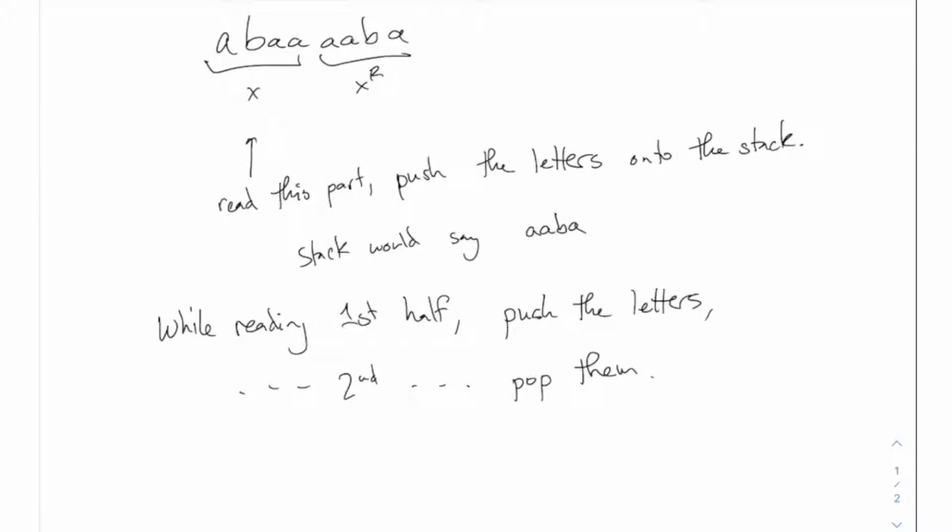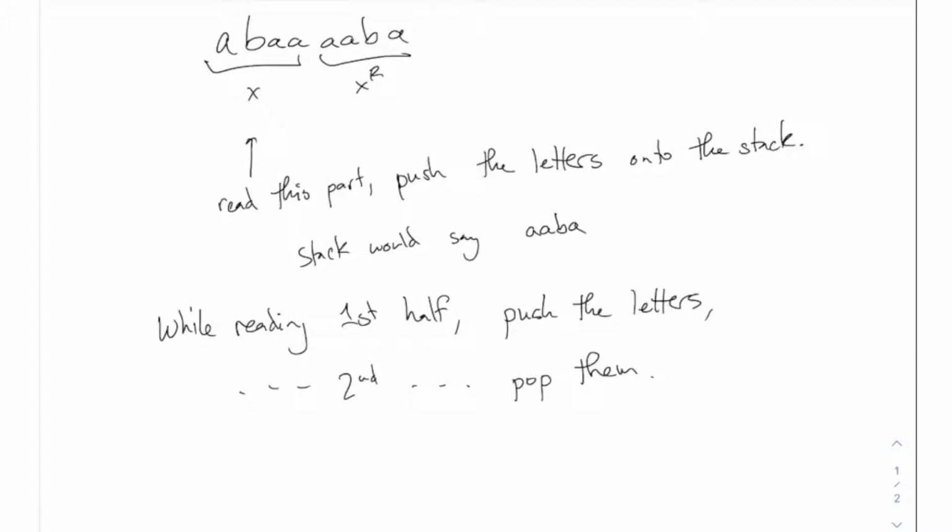One thing you have to think about a little bit is how do you tell while the stack machine is going? You need to have some marker that designates the difference between these two behaviors, right? While you're reading the first half, you behave in a certain way, and then at some point you switch over to behaving in this other way, the second half. And you don't want to go back to the first type of behavior while you're reading the second half of the string.